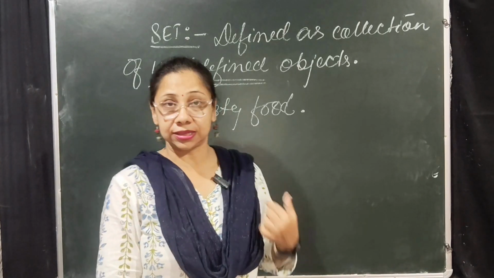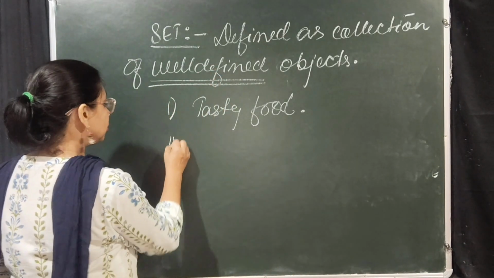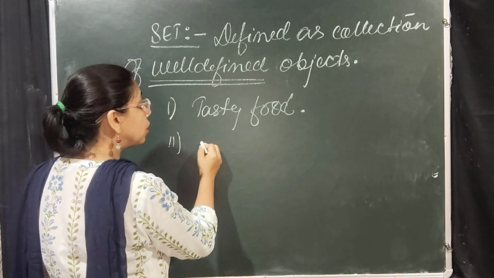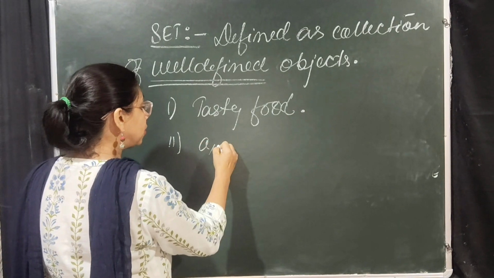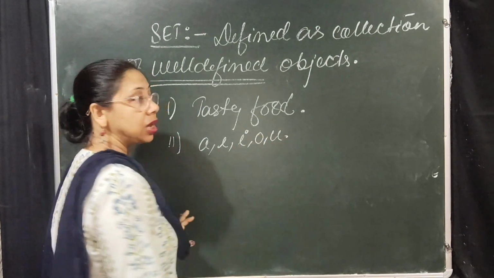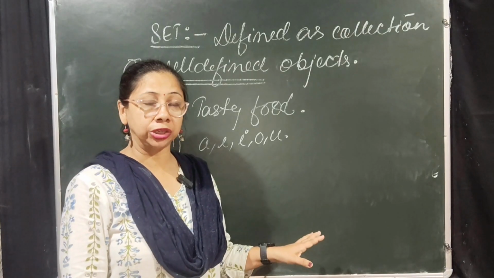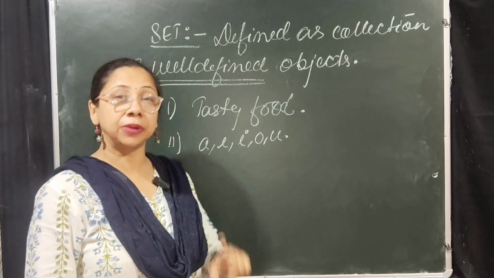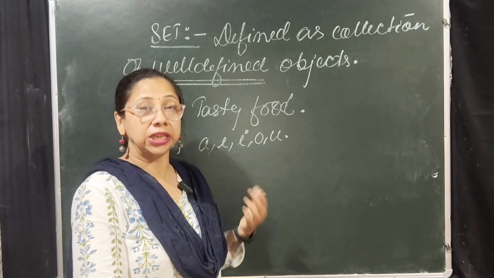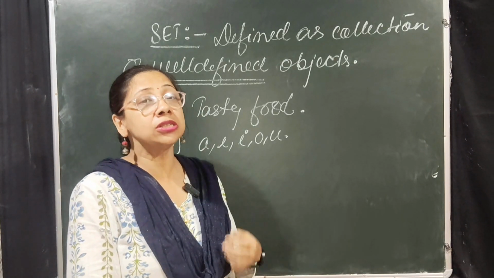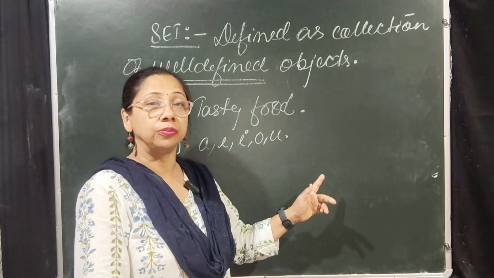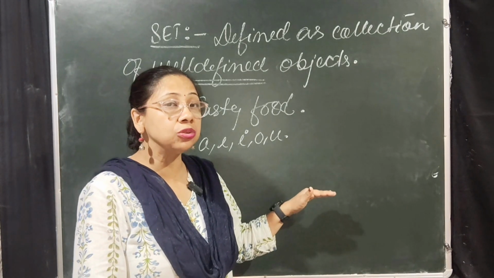Now, next example. Suppose you are asked to write down the vowels of the English alphabet. So, vowels are A, E, I, O, U. Here I can assure that every single person you meet in your town can tell you that the vowels of the English alphabet are A, E, I, O, U. What is the difference between these two?